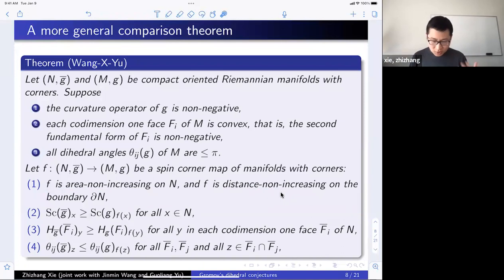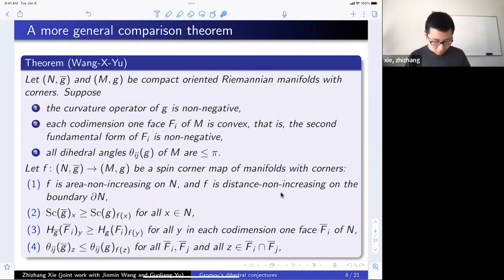So that's the assumption. Now you would wonder, in the original conjecture of Gromov, there's no such assumption, because we didn't really compare g, the new metric, with the original metric by saying it has to be area larger or smaller or distance. But then you think about the flat case: the flat metric on the polyhedron, you can always rescale it.